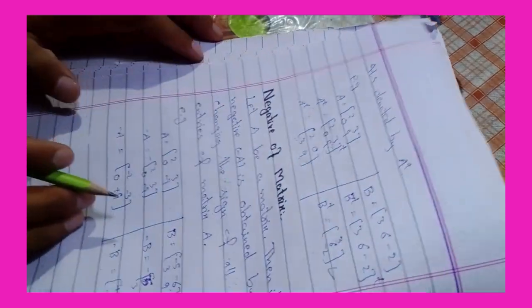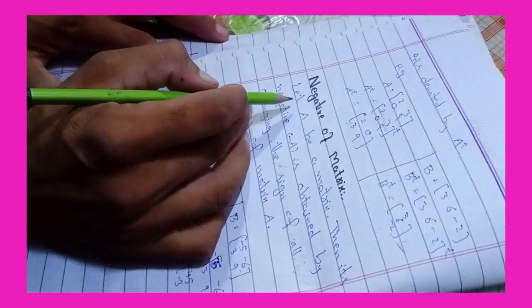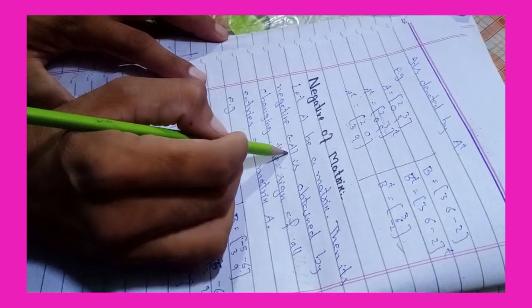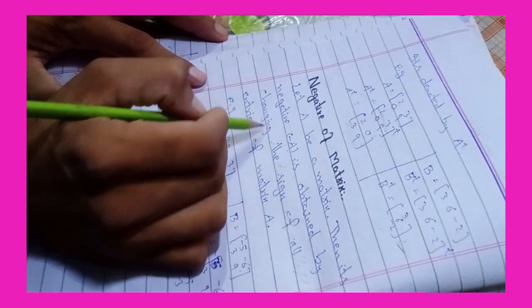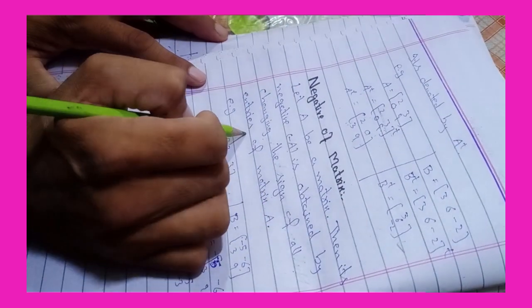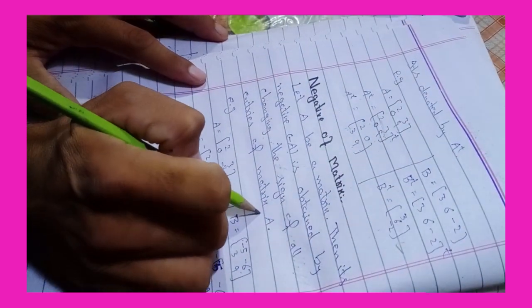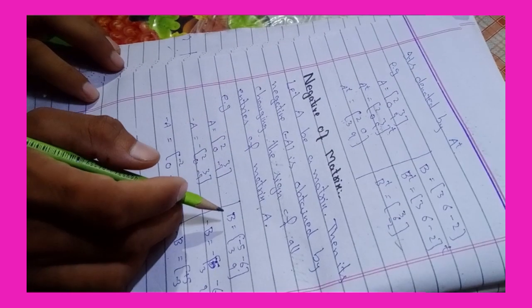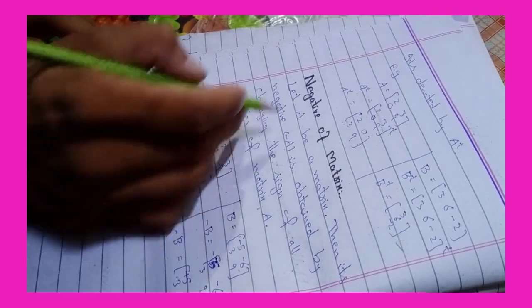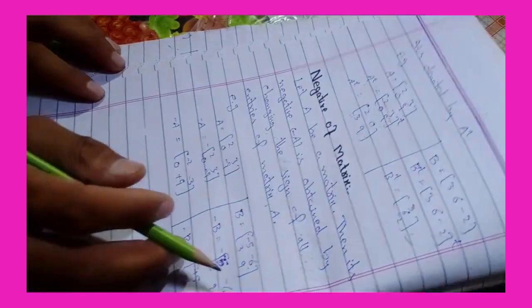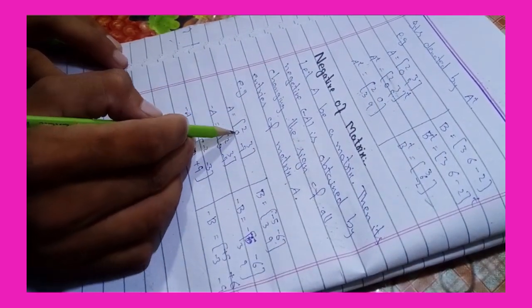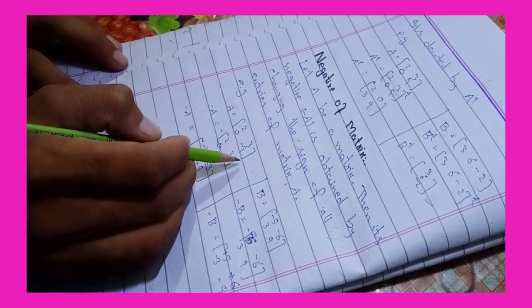Negative of matrices. Let A be a matrix; then its negative is obtained by changing the sign of all entries of matrix A. Any matrix whose entries have their signs changed is called a negative matrix. For example, matrix A has entries 2, 3, 0 and minus 9.